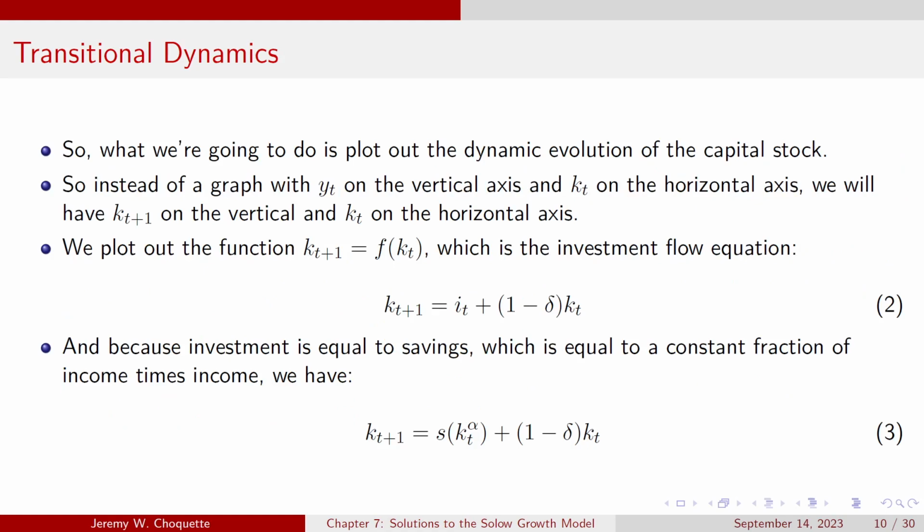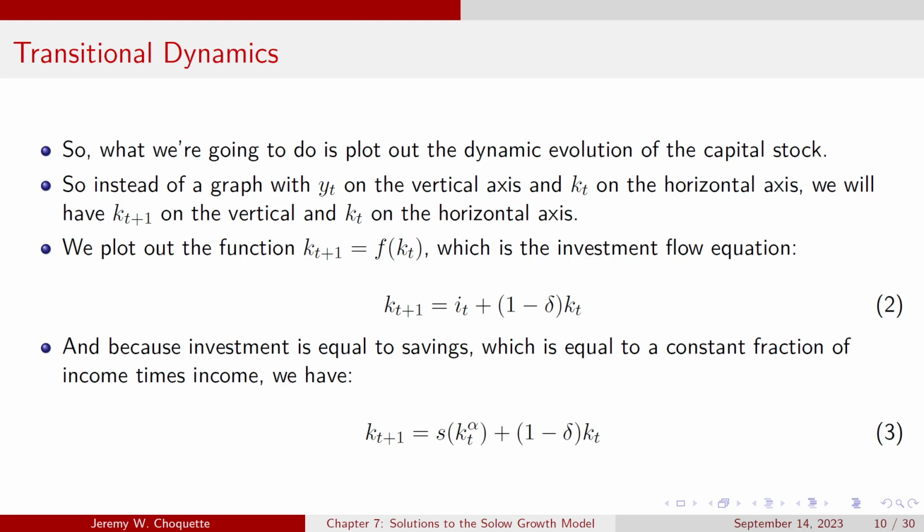So what we're going to do is plot out the dynamic evolution of the capital stock. So instead of a graph with y on the vertical axis, k on the horizontal axis, we could have k_{t+1} on the vertical, k_t on the horizontal.